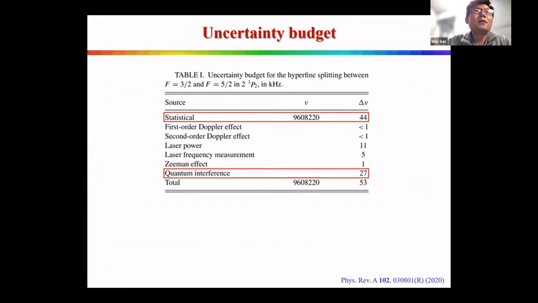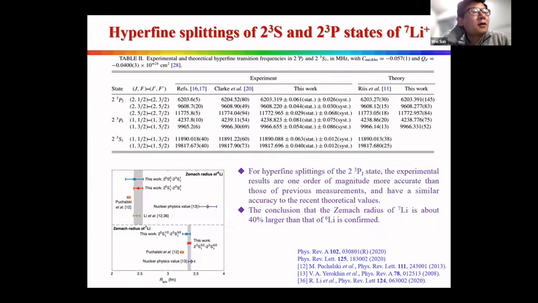So here we show the complete results of our experiment. It can be seen that for the hyperfine splitting of the 2p triplet state, our experimental results are 1 order of magnitude more accurate than those of previous measurements. And our results have a similar accuracy to the recent theoretical values.